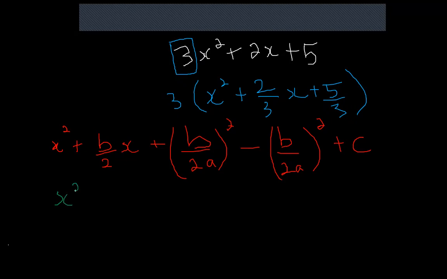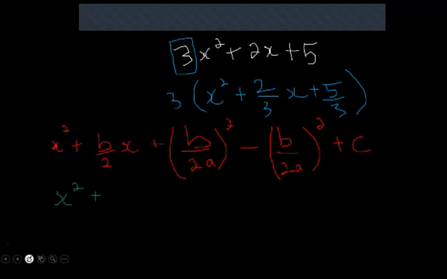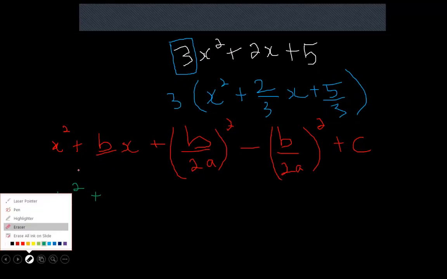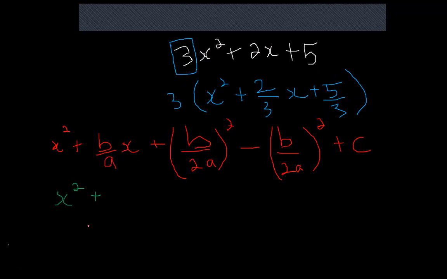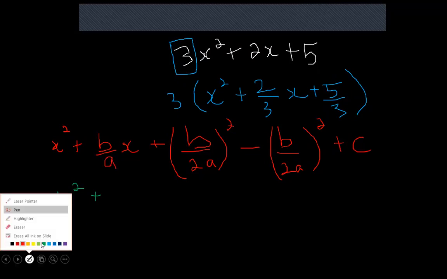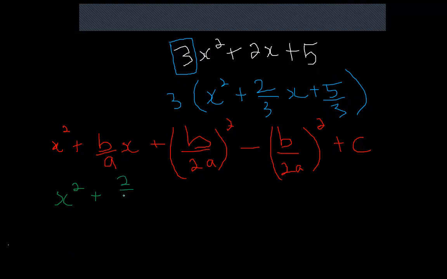X squared plus 8. Why did I have b on 2? B on 8. My bad. B on 8. So that's 2 on 3 x plus b on 2a.